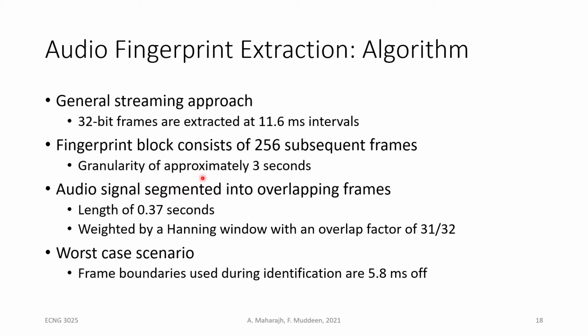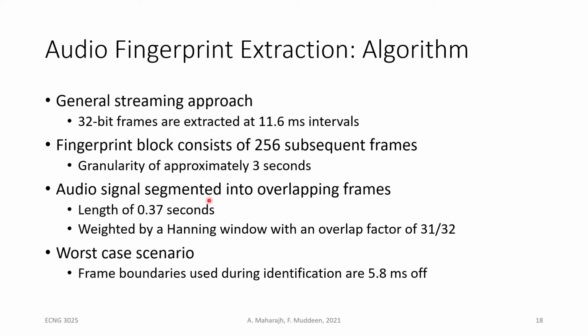In segmenting that audio signal that comes in to create our fingerprint, we need to segment this into overlapping frames. Because as we saw when we were doing the short time Fourier transform for a real-time signal, we need to make sure that we have that signal overlap in order to compute our fast Fourier transform accurately as the signal is coming in real time.